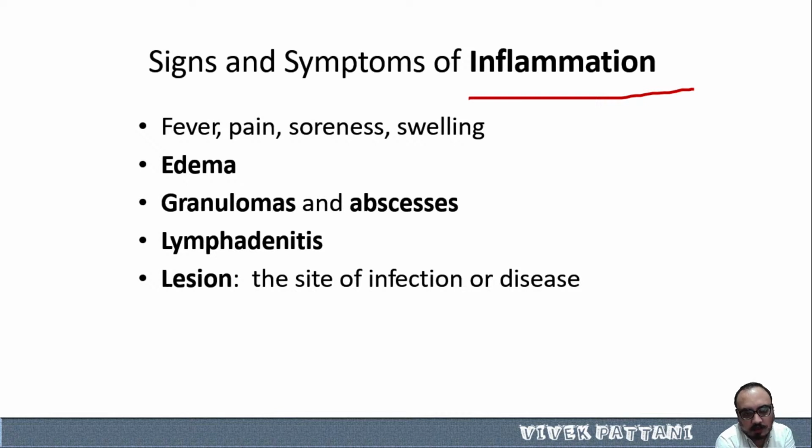And sometimes in other conditions which are not disease conditions, edema may also occur.